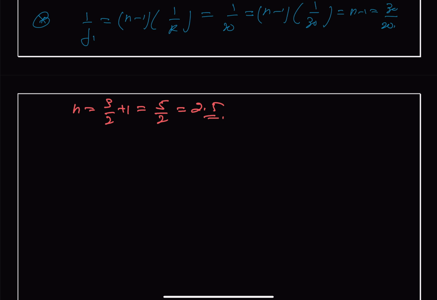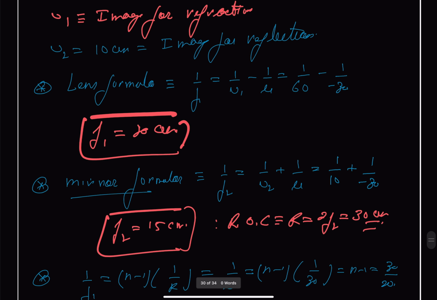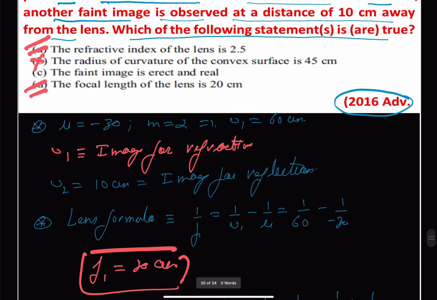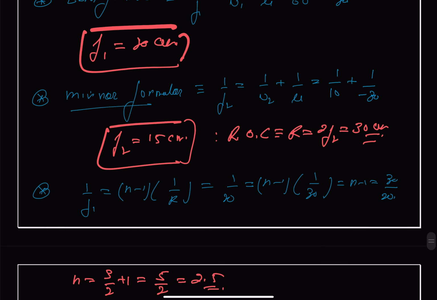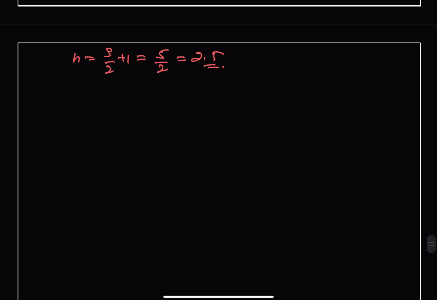One second. Yes, the final image, the faint image, will be real and erect. So option C is also correct. So we have options A, C and D correct.